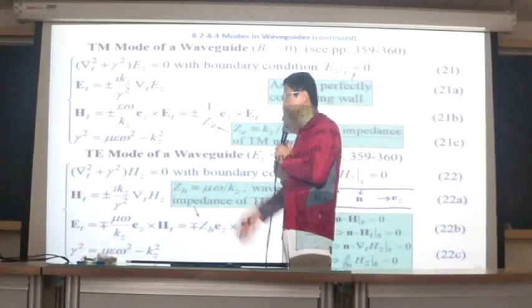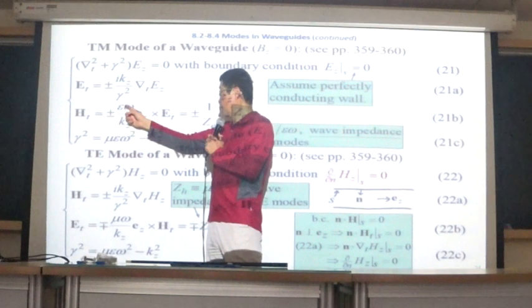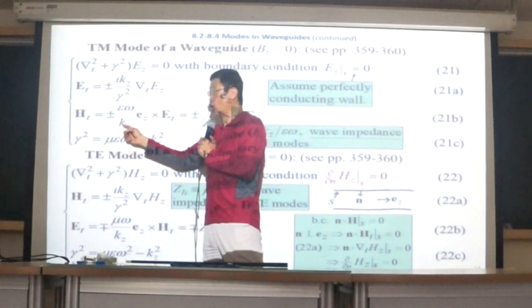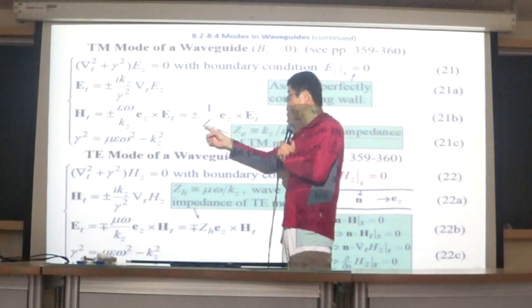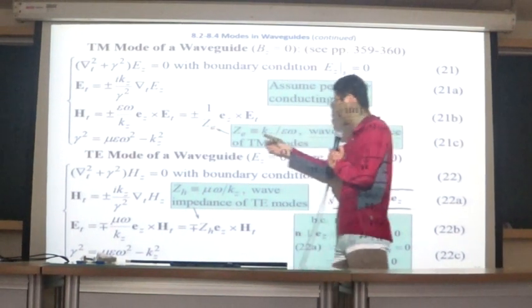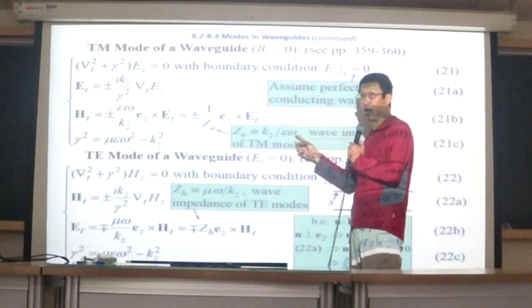And ET is here, epsilon omega over KZ. We can define something like KZ over epsilon omega.